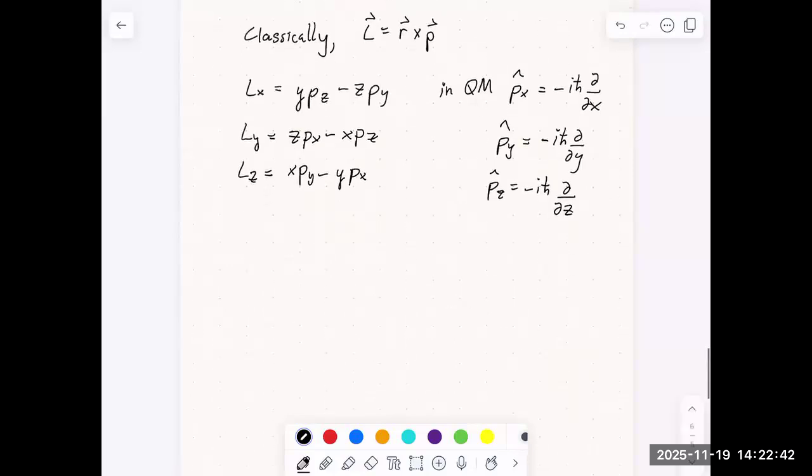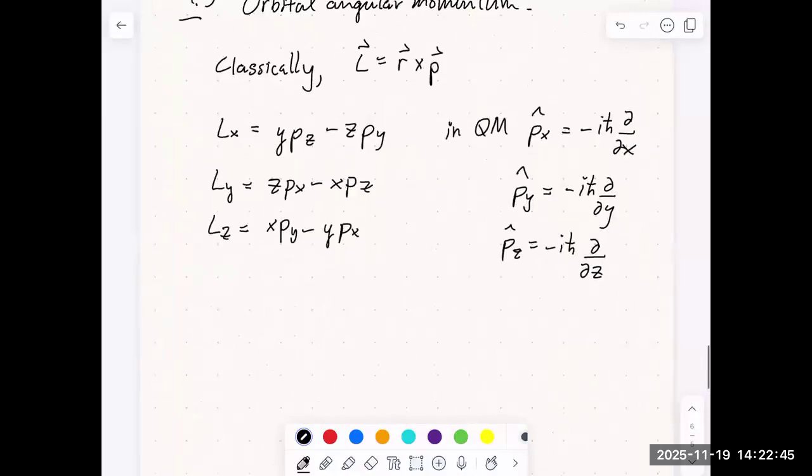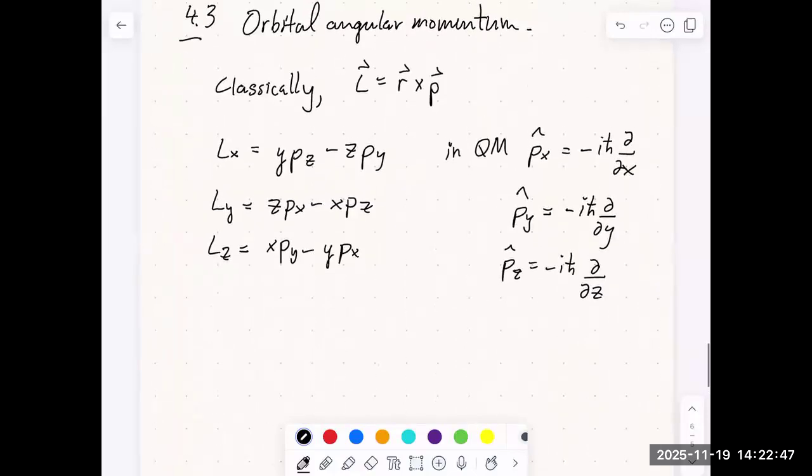So before we get too far into this, I'm going to give away the punchline. Let me tell you what we're going to find. We're going to find that the eigenfunctions of angular momentum operators, or operators built on angular momentum, are the same spherical harmonics that we've already calculated for the hydrogen atom.